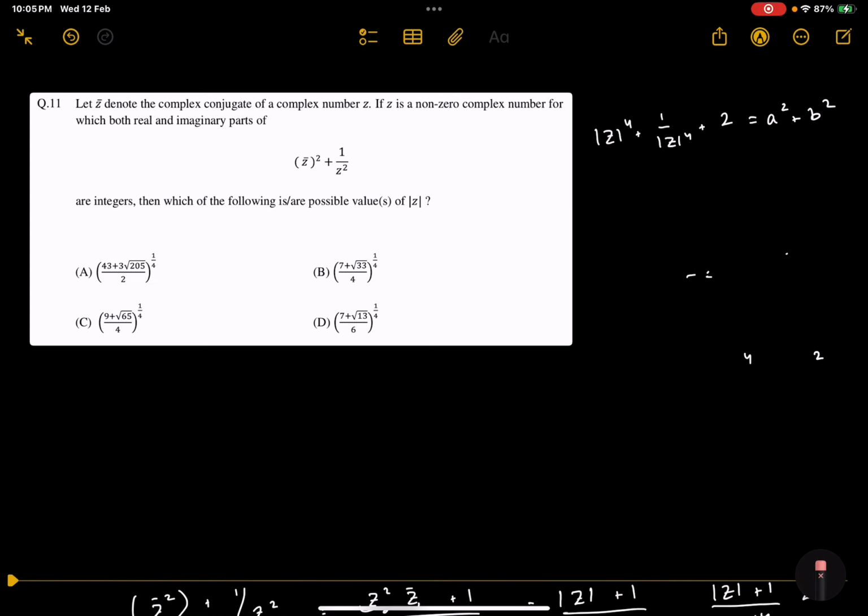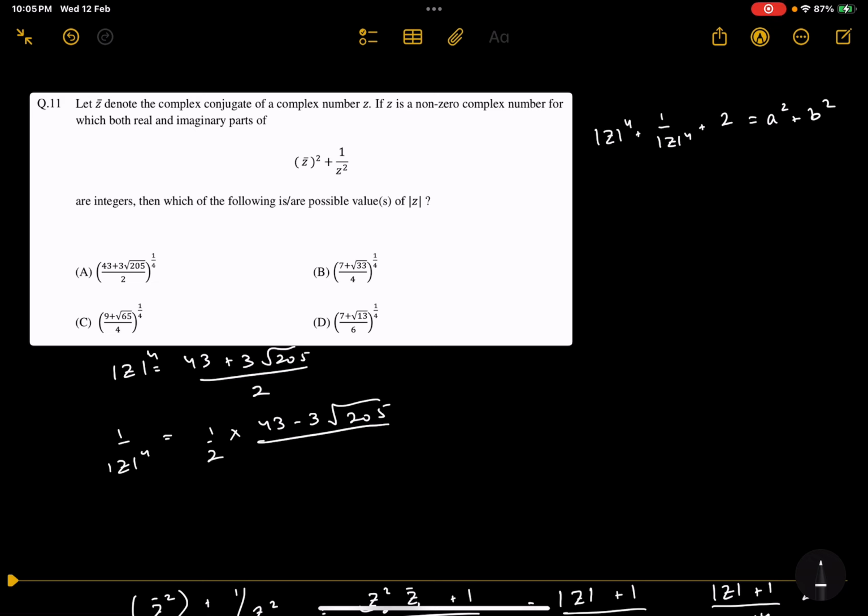Now the only thing we can do is to check each and every value which we are given. So plugging in mod z to the power 4 equals 43 plus 3 root 205 by 2 gives us 1 upon mod z to the power 4 is 1 by 2 into 43 minus 3 root 205 upon 43 squared.